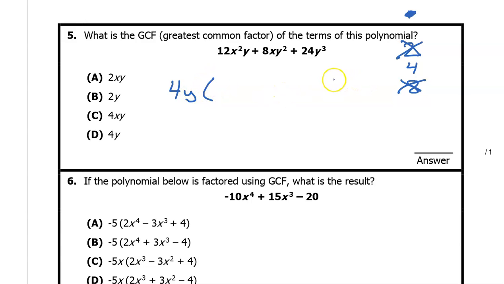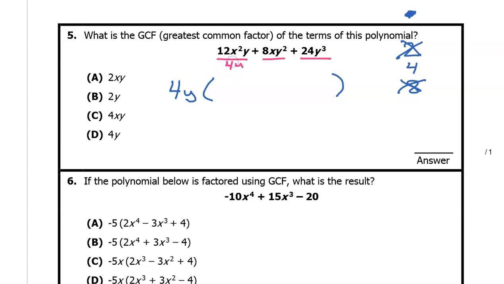So that comes out in the front of the parentheses. Now, we need to decide what goes inside the parentheses. And a good way to do that is by division. Take your GCF and divide each term by the GCF.